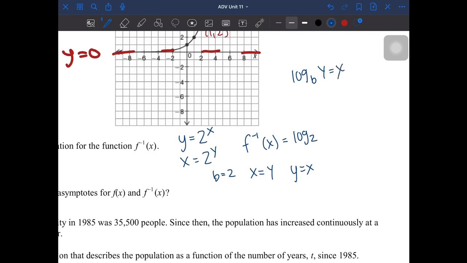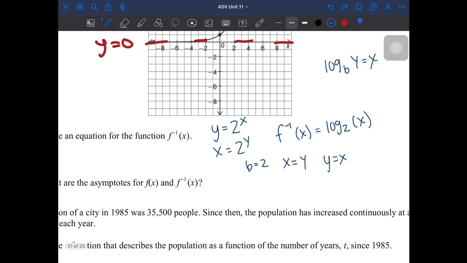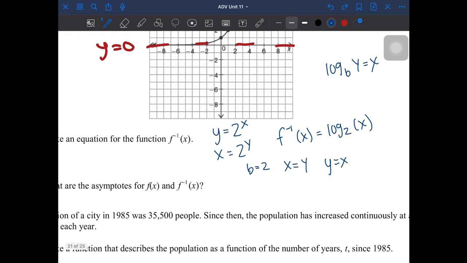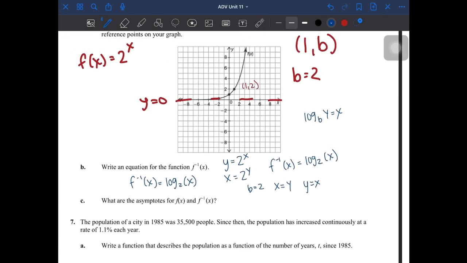So log base 2 of x equals y, which is perfect. That's what this is right here. So the function for my inverse is f inverse of x is equal to log base 2 of x. Okay, that'd be my inverse.